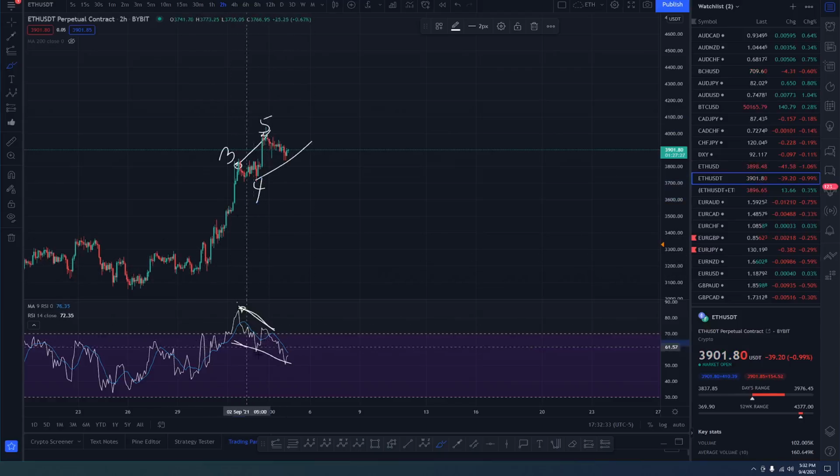So now as this is coming down, it's creating divergence again. What I'm suggesting is that we're getting this kind of move here, and that this is going to kind of come up and create divergence.